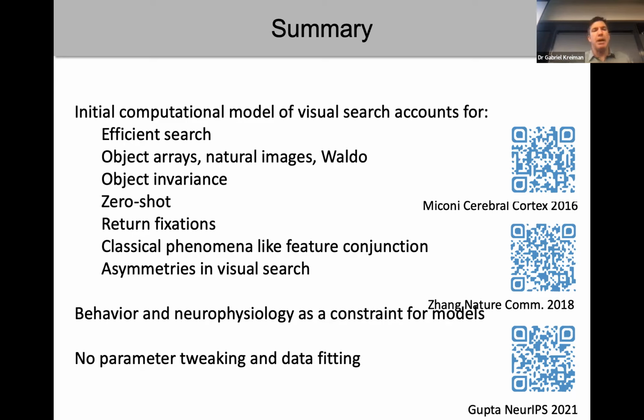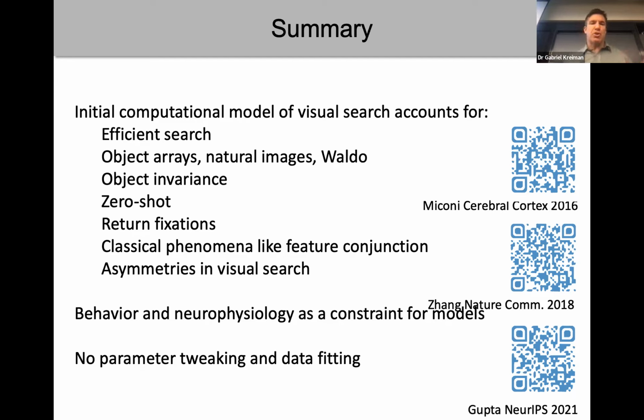So this model can do visual search in a zero-shot fashion by having a single exposure to the target image. They can do so in a way that's invariant to the exact shape of the object that can change between the target and the search image. The models can account for the trade-off between exploration and exploitation and perform return fixations. And they can even account for classic aspects of psychophysics like visual search asymmetries.